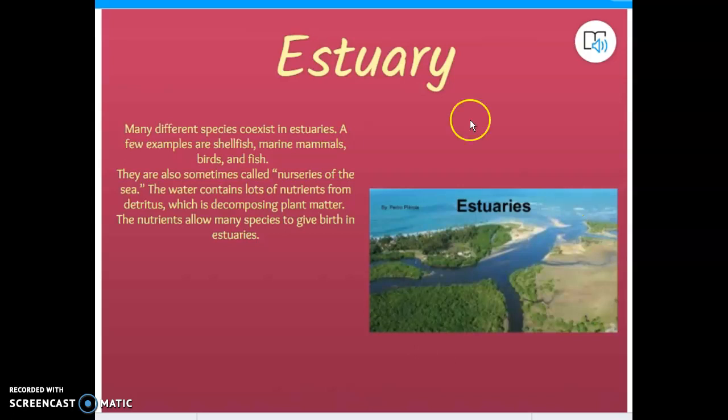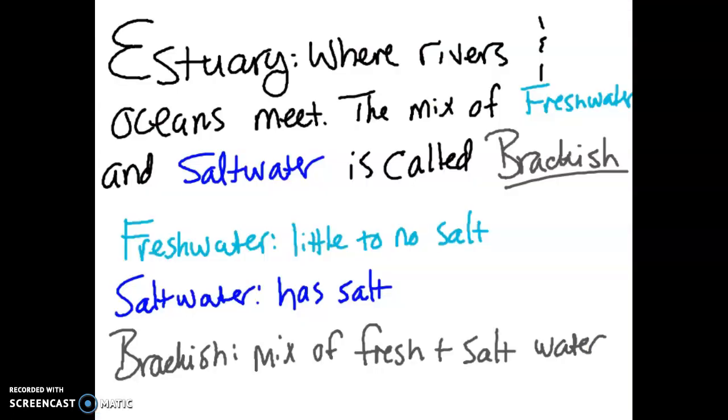We're going to take a minute to jot that down. So, Todd, if we have to look at what an estuary is, the definition's on the board, it's on the anchor chart, where rivers and oceans meet. Because rivers have fresh water, little or no salt, oceans have salt water. If you have 2 different types of water mixing, they have a very special term for that, and they call that brackish water. Brackish water.